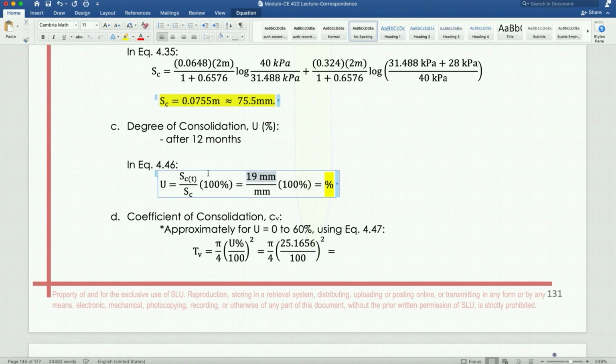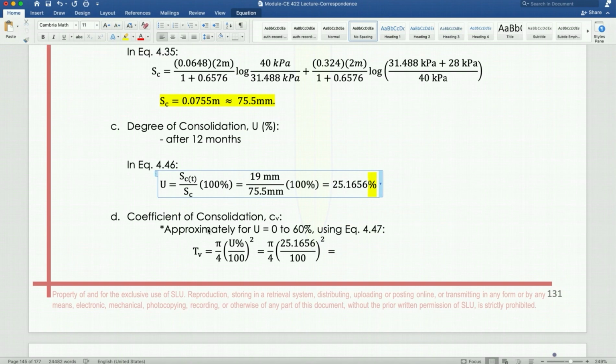And the ultimate settlement of the layer from the primary consolidation was solved to be 75.5 millimeters. So we have 19 mm over 75.5 mm times 100%. Therefore, the degree of consolidation is equivalent to 25.1656%.